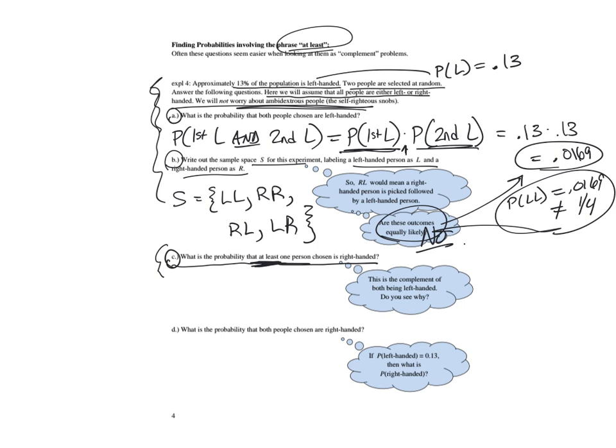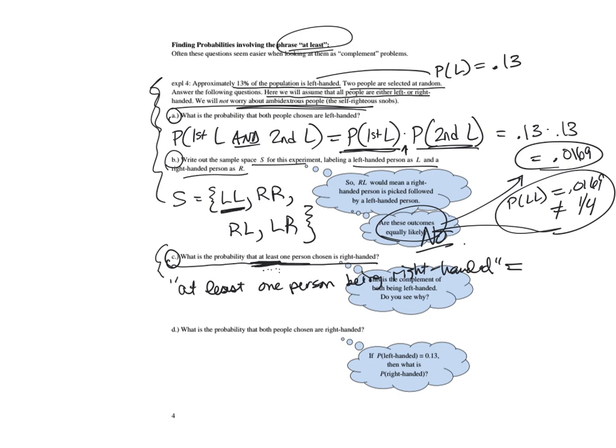Letter C. What's the probability that at least one person chosen is right-handed? Now, this is the reason we wrote out the sample space. So at least one person being right-handed means, let's go to the sample space.